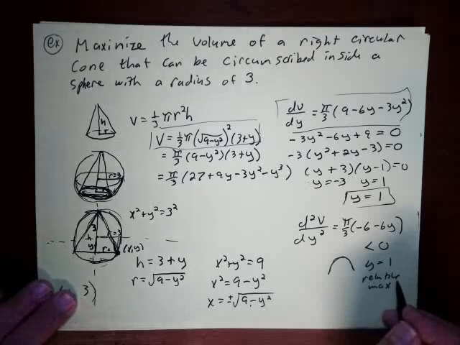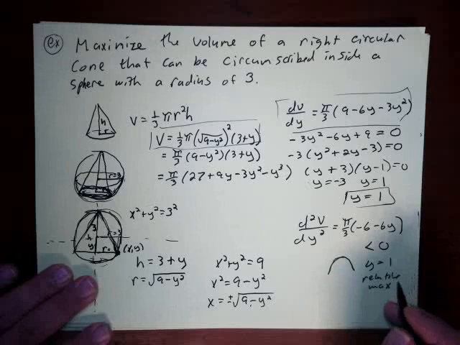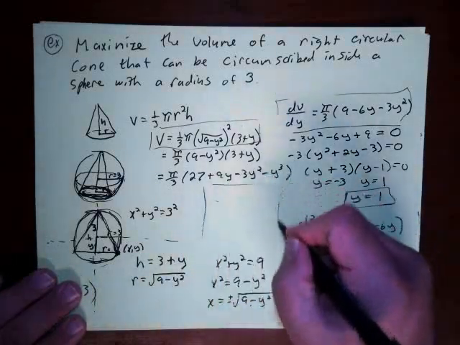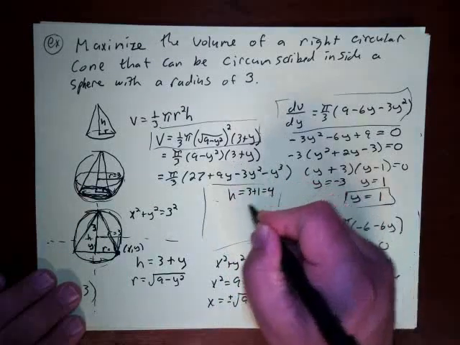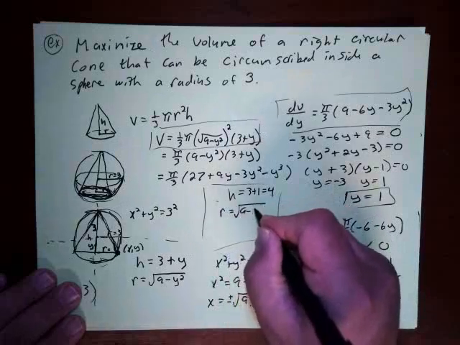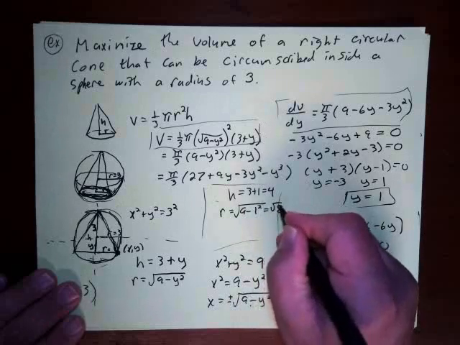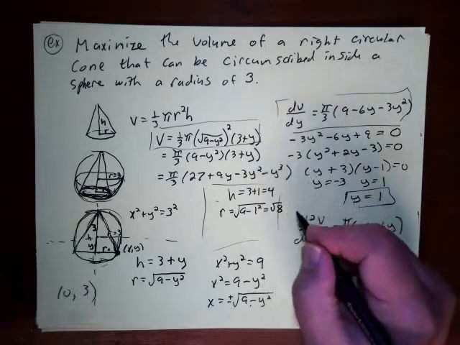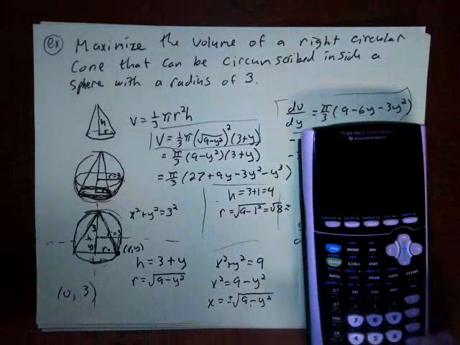And in that case, the actual dimensions: the height would equal 3 plus 1, which is 4. The radius would be the square root of 9 minus 1 squared, which is equal to the square root of 8. And that is approximately something a little less than 3, right?